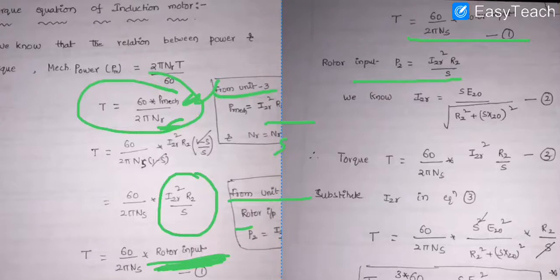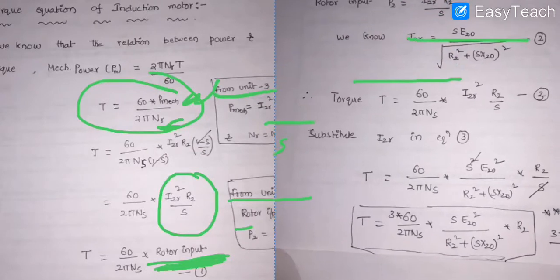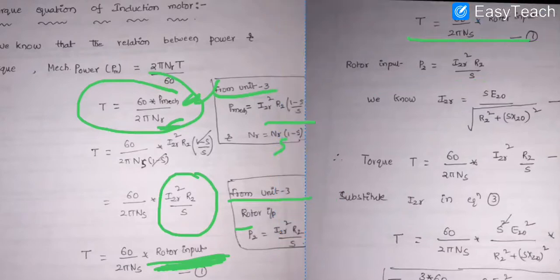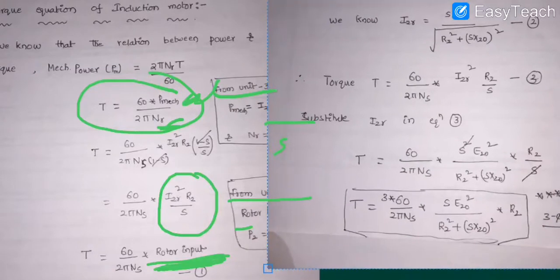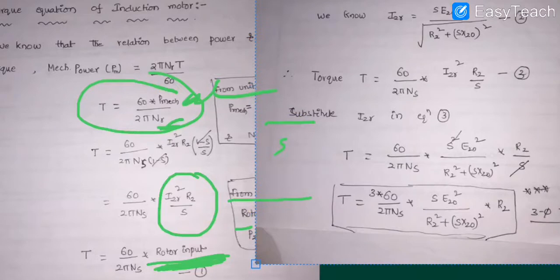If you substitute this in the above expression 1, we will have the torque equation. 60 by 2 pi ns is common, and here we have I2R square, so S square into E20 square by R2 square plus SX20 whole square, the root will be cancelled for the square, into R2 by S.